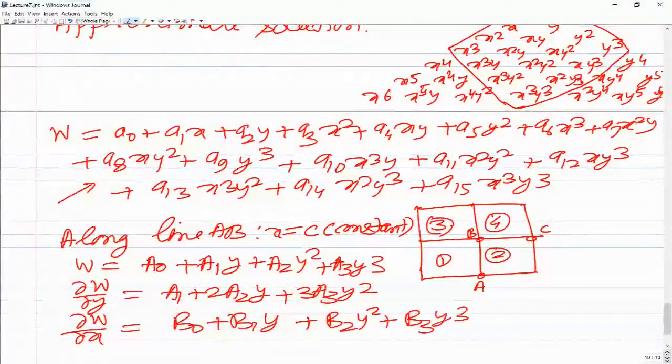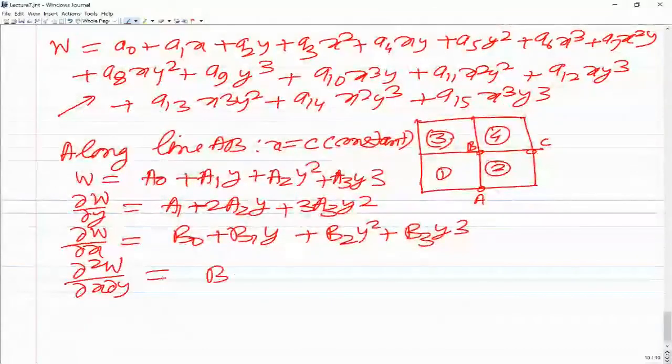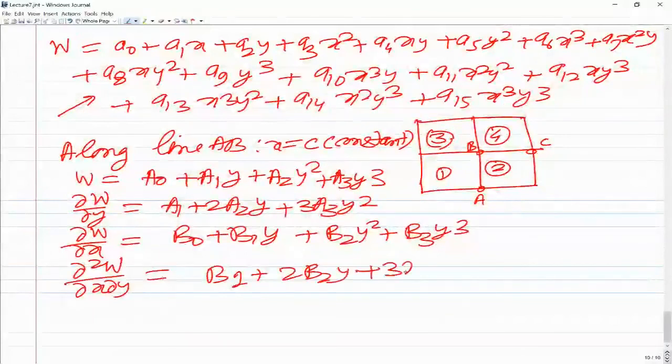And del 2 w by del x del y will turn out to be b1 plus 2 b2y plus 3 b3y square. So again you will see that del w by del x and del 2 w by del x del y are governed by four constants b0, b1, b2, b3.